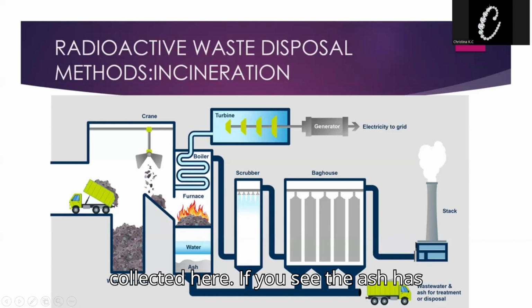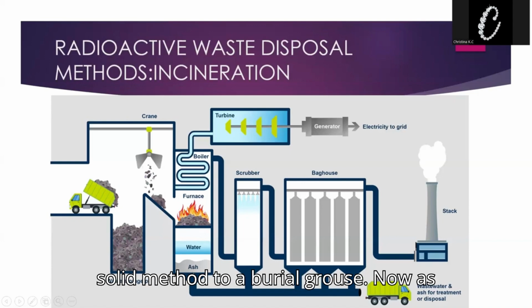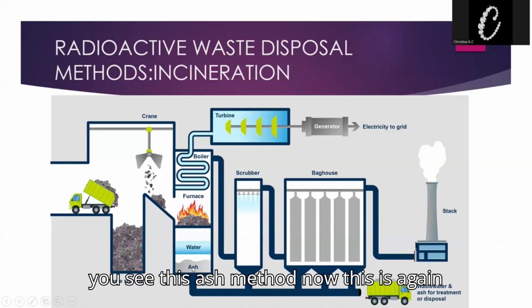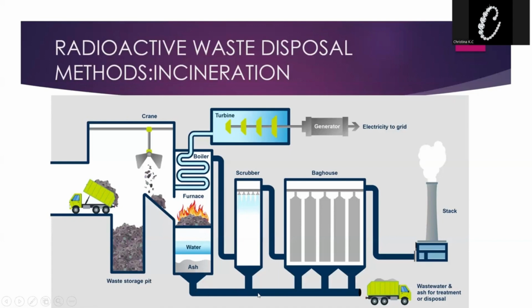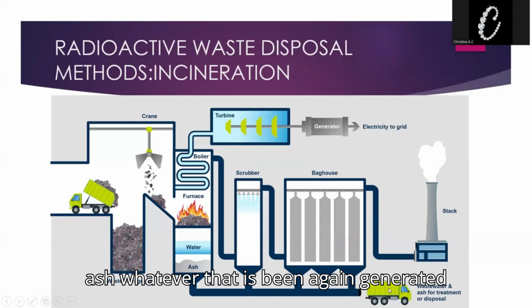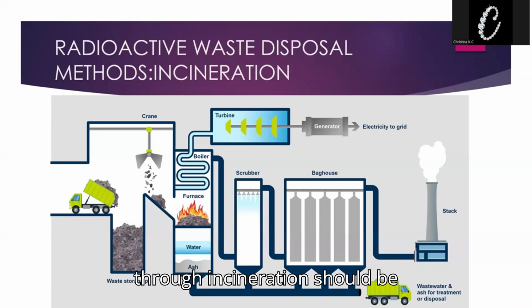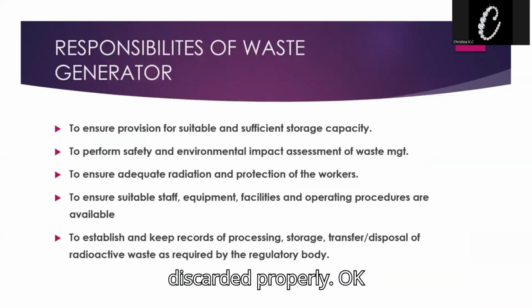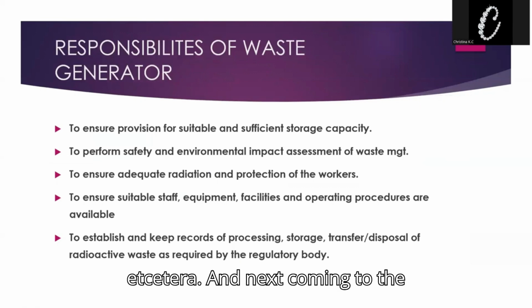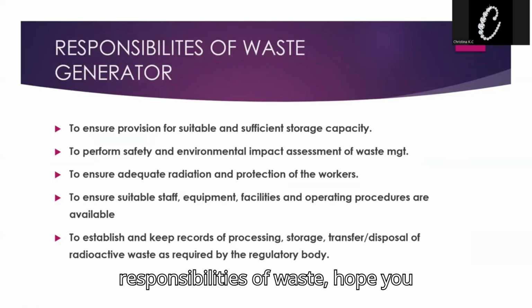This ash should be disposed of properly as a solid, in burial grounds. You can see the waste water and ash for treatment and disposal. So this ash, which is generated through incineration, should be discarded properly, in the form of burials, etc.